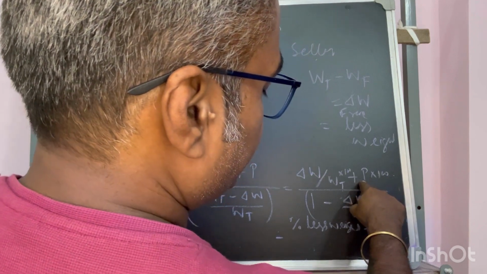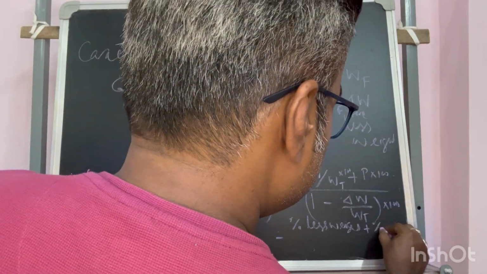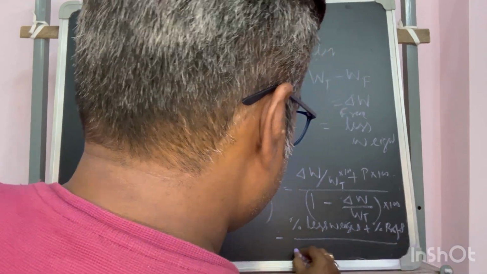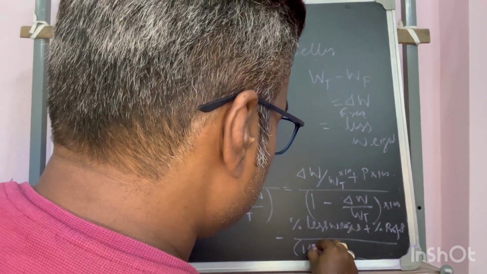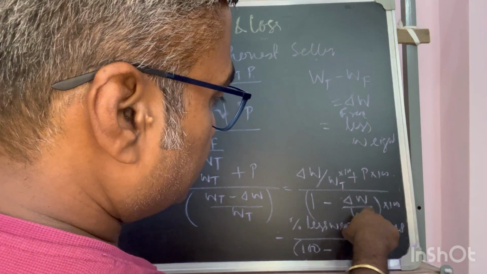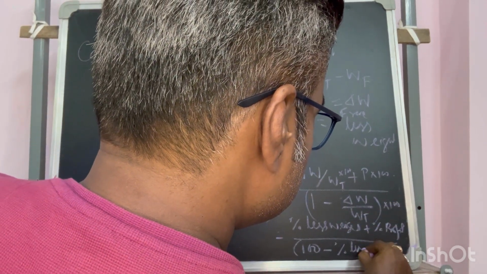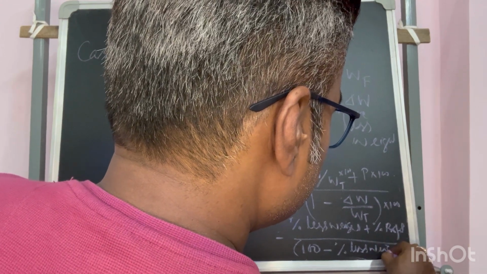This P is a fraction, into 100 will be the percentage profit, and in the denominator it is 100 minus, and this will again be the percentage less weight.